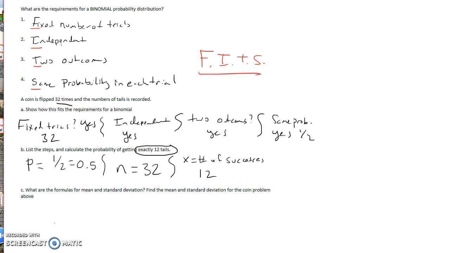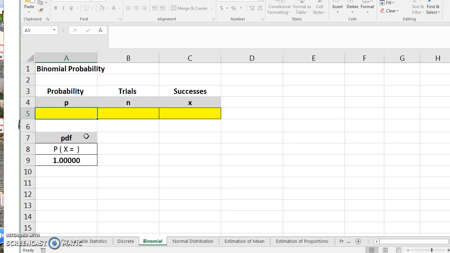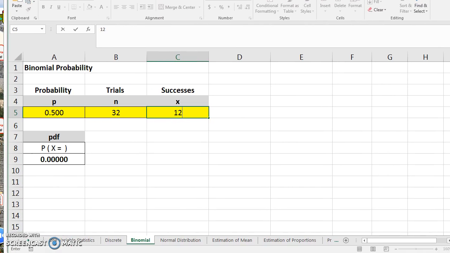Now, let's get the probability of getting exactly 12 tails. So I go to my Excel spreadsheet. The probability of getting a tails is 0.5. The number of trials was 32, and I wanted 12. Let me double check to make sure that's right. 32 and 12. Yep. And now when I hit enter, you can see the probability that I get exactly 12 is listed right here. 0.05257.